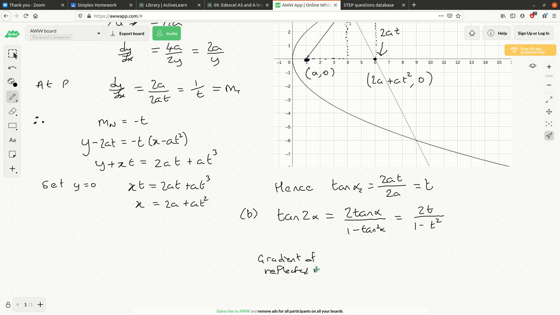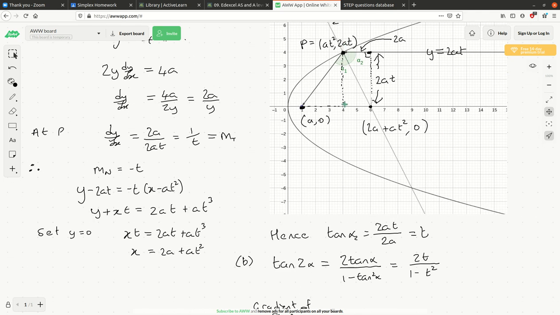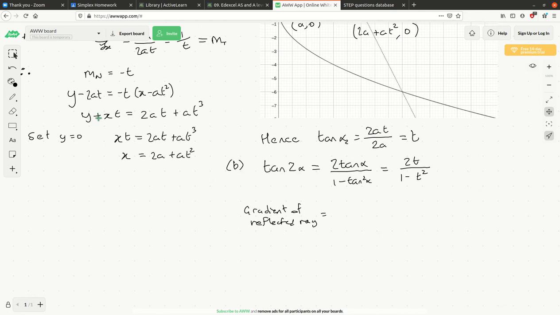It's risen by 2at. It's going to cross by at squared minus a. So we've got 2at over at squared minus a. You can obviously factorize the bottom or just divide everything by a. You get 2t over t squared minus 1. Looks like just a simple sign change from tan 2 alpha.